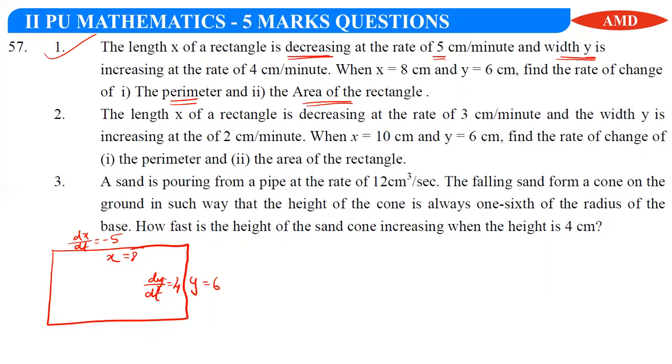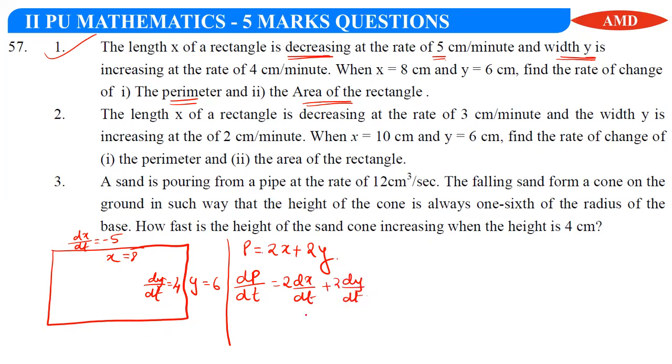First thing is I need to find out the rate of change. The rate of change means the derivative of perimeter. So what is perimeter? P is nothing but 2x plus 2y, isn't it? Now, the rate of change in the perimeter is nothing but dp by dt, that is 2 times dx by dt plus 2 times dy by dt.